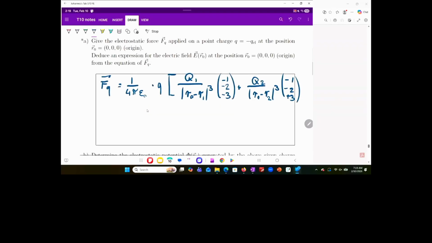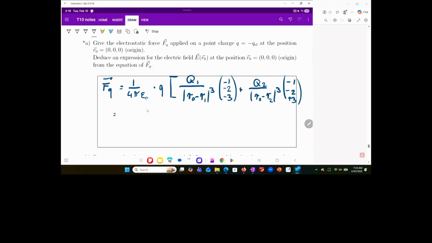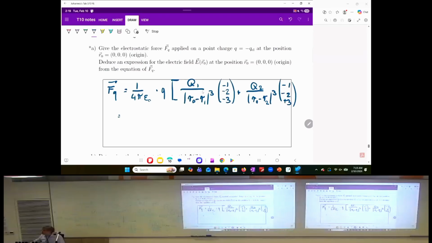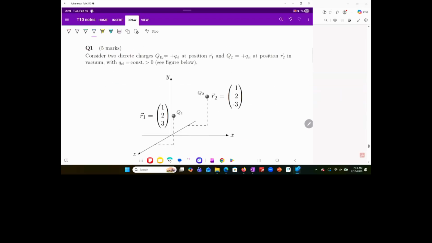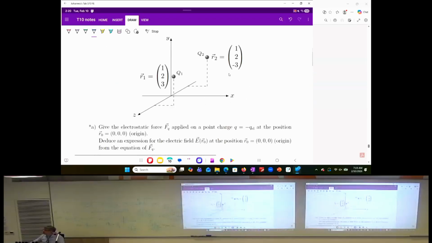And this charge Q here becomes minus Q_el. The charge Q1, but also Q2 are plus Q_el.